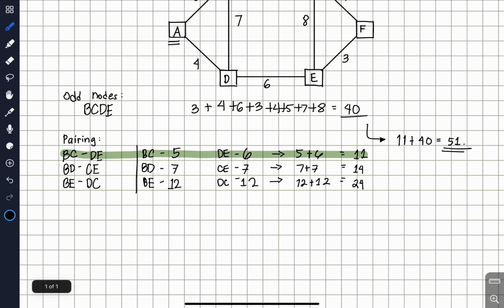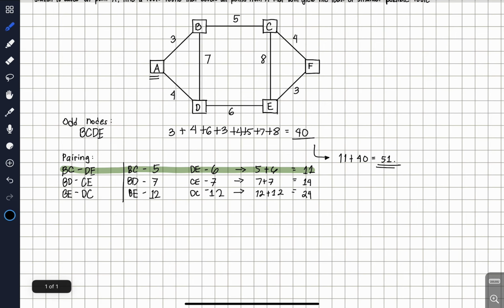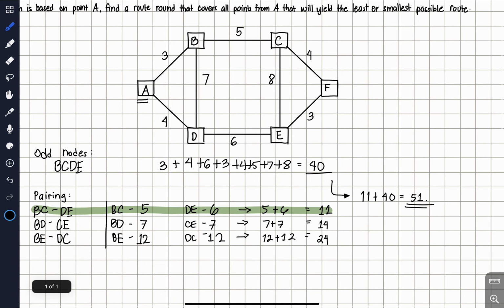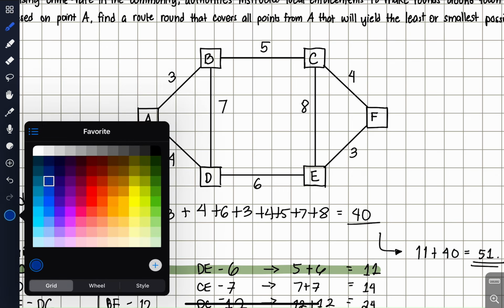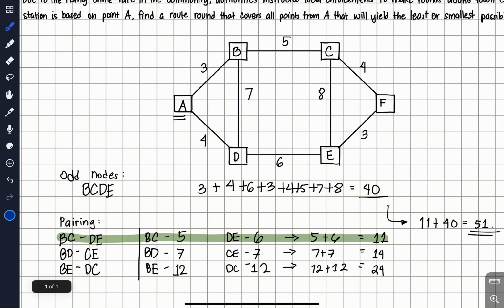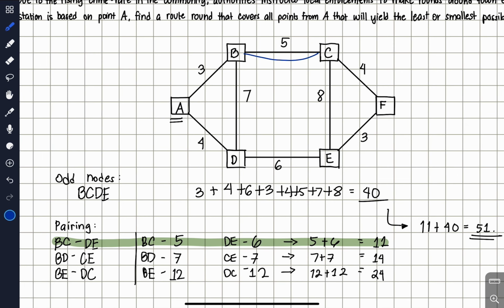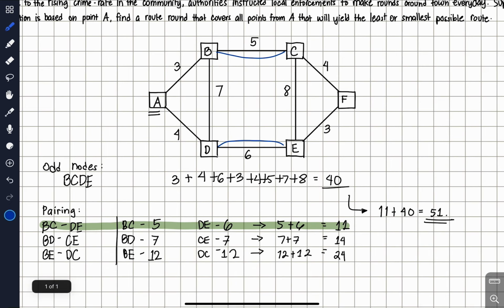Note that BC and DE can be passed through twice. So we can make use of BC and DE as routes which can be passed through more than once. So we can do that by simply adding a curve like right here. So BC and DE. So we can have added alternative routes.